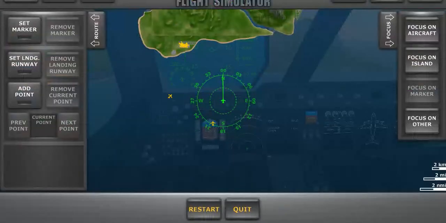One airport. I'm here if you have one airport.